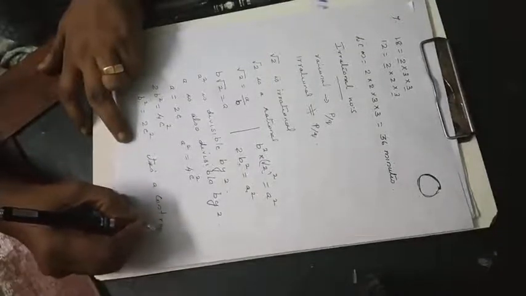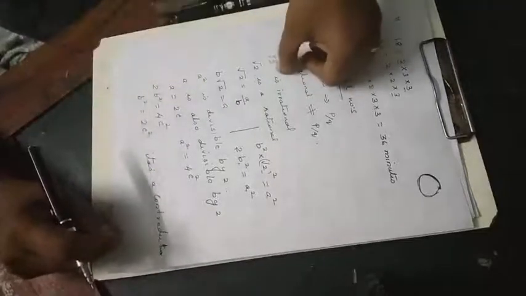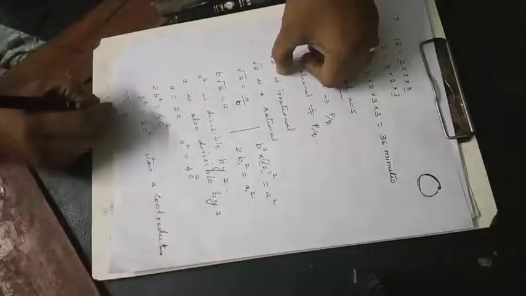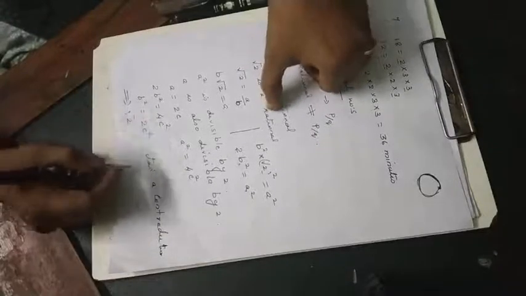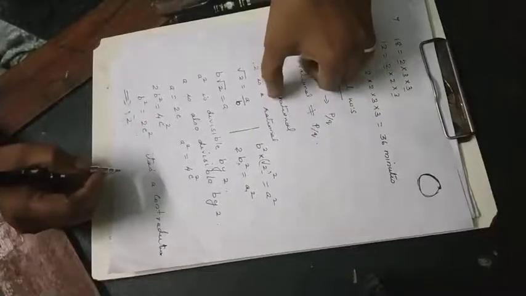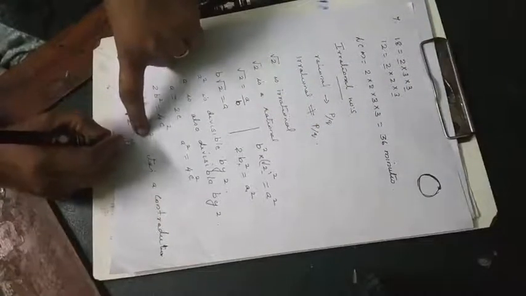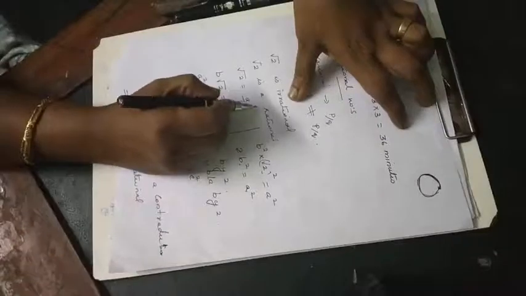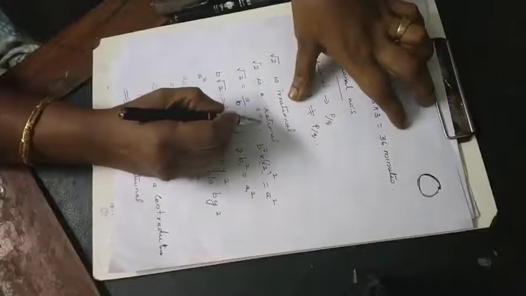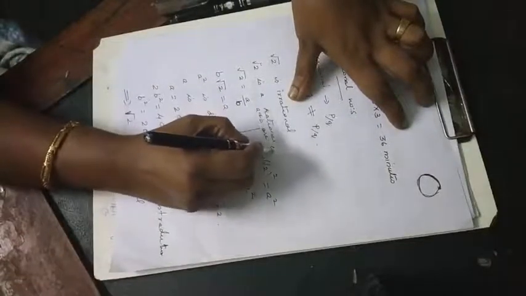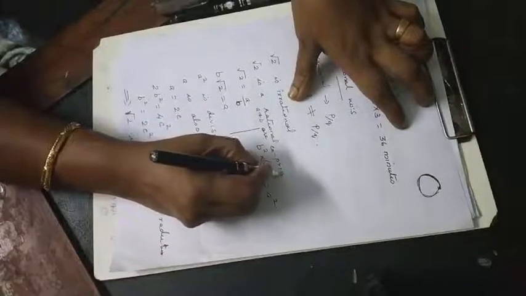Why did the contradiction come? Because our supposition was wrong. Here we supposed that it is a rational number, so that was wrong. Root 2 is irrational. You write that a and b are co-prime numbers, meaning they don't have anything in common.